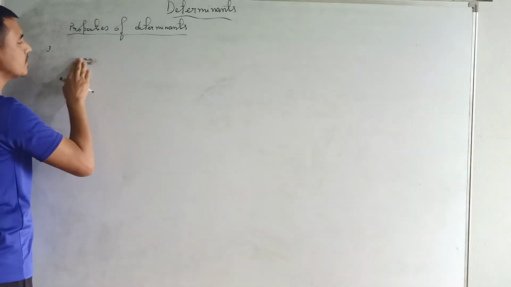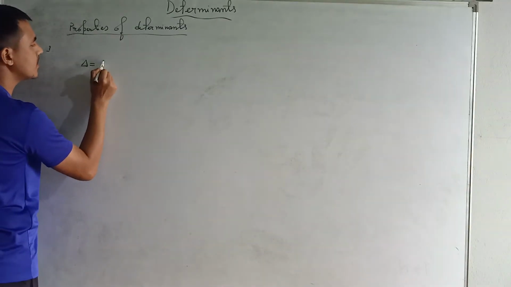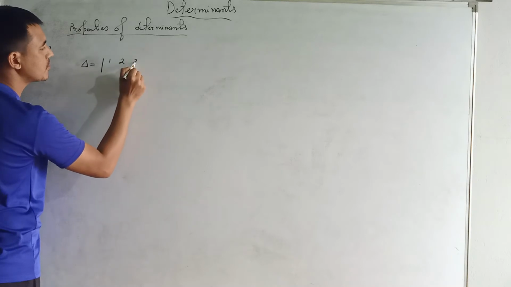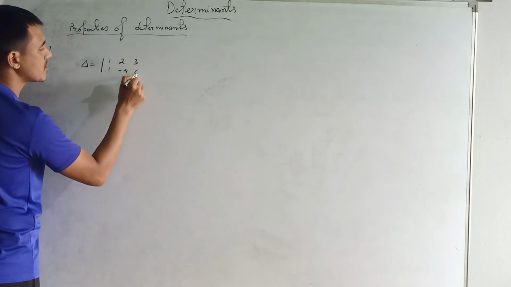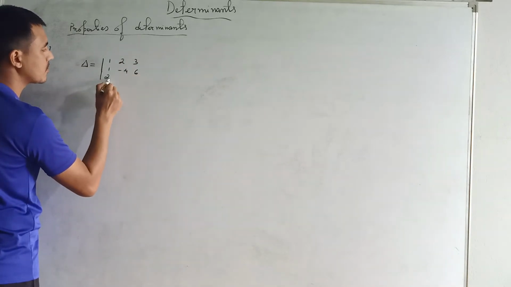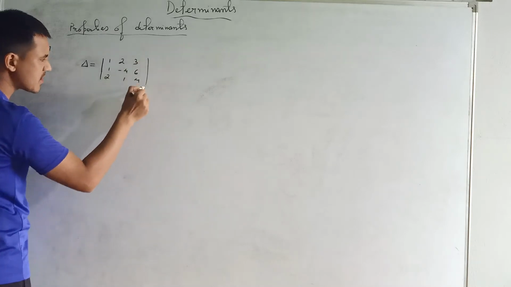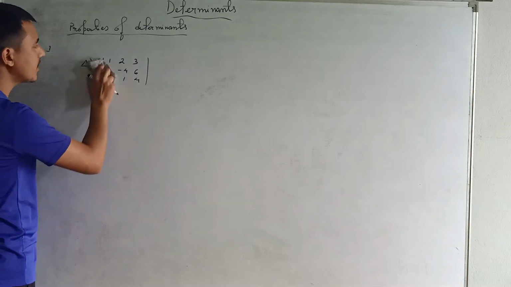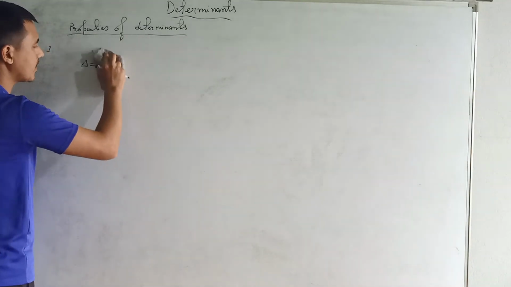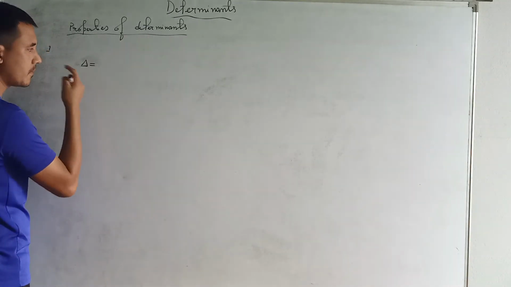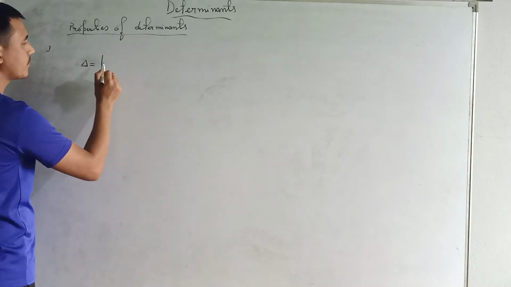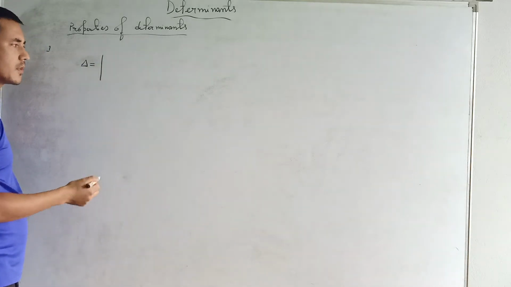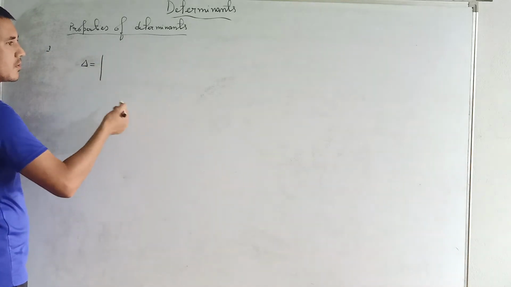Suppose your given determinant is 1, 2, 3, 1, minus 4, 6, and 2, 1, 4. Just say this is your given determinant. Or I can take it in general form. You can take it as A1, B1, C1, A2, B2, C2, A3, B3, C3.